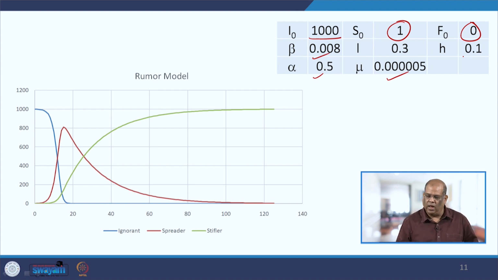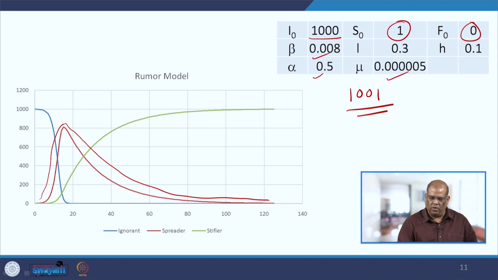The graph tells you that the ignorants started with 1000, so total population is 1001. They ultimately go to 0. That means all the ignorants come across the spreaders and then come to know about the rumors. And then comes the spreader. So they start spreading, and then slowly they also go to 0, because once you get the news, you spread, it becomes old, and then slowly you lose the interest.